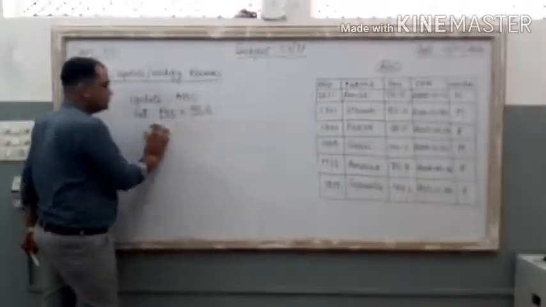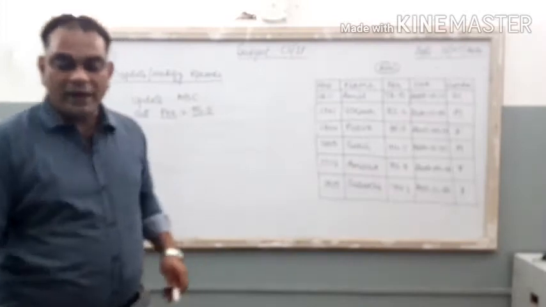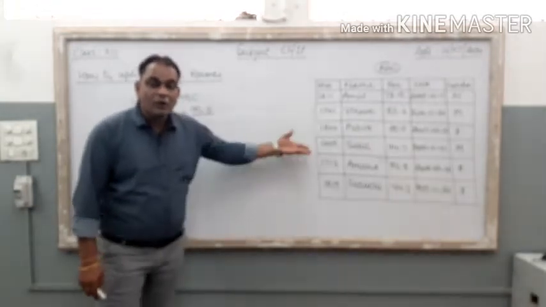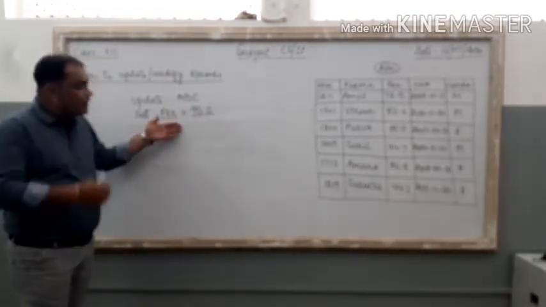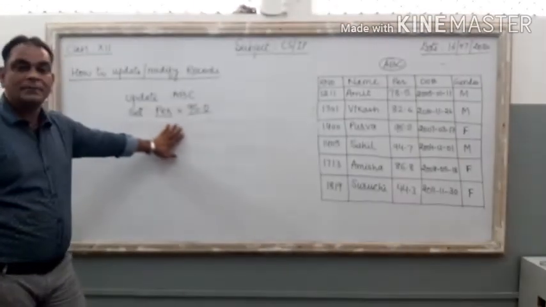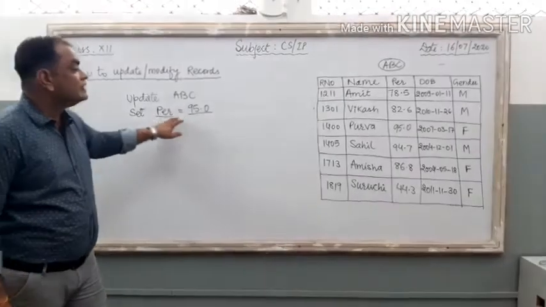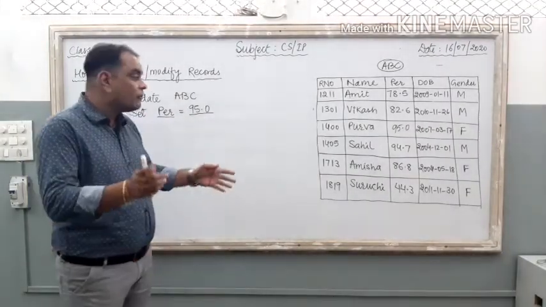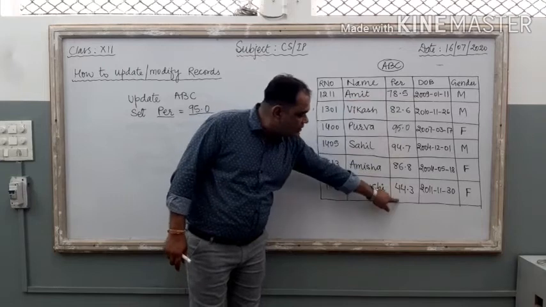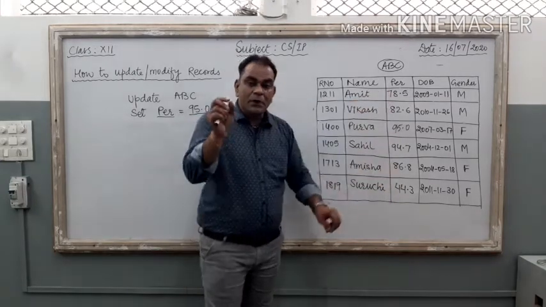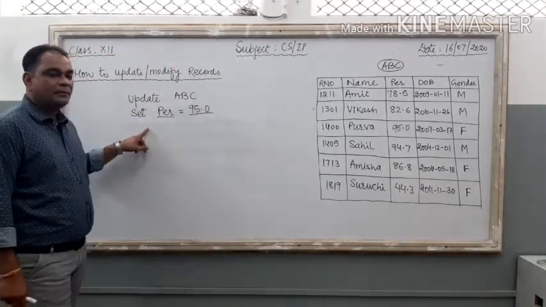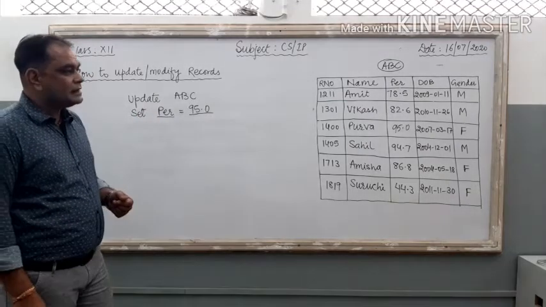Just try to understand what will happen. If I remove the where command, it means the effect goes towards the whole table, each and every record of the table. As soon as where is removed, the computer doesn't know whose percentage to change to 95.0. So what will the computer do? The computer will change each and every student's percentage, everywhere the computer puts 95.0, 95.0, 95.0, right? So where is important over here. Clear? Now the next example.